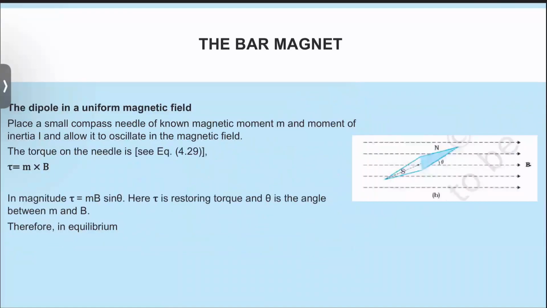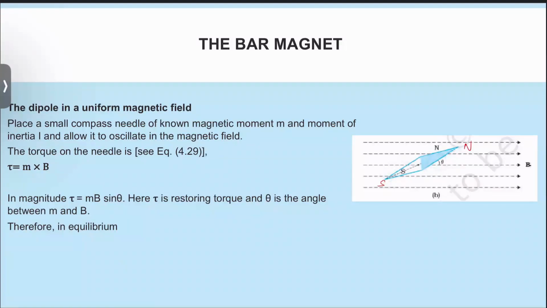Now we will see what would be the dipole in a uniform magnetic field. So we found out the magnetic field that is associated with the bar magnet. Now we will see the dipole. So we will consider a magnetic compass needle. You can see that one tip of it is north and the other tip of it is south.